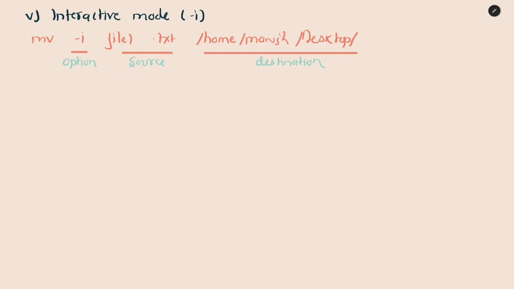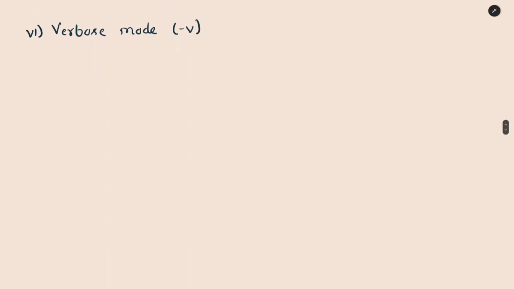Now we will study about the verbose mode, -v. This option shows detailed information about the file being moved or renamed.